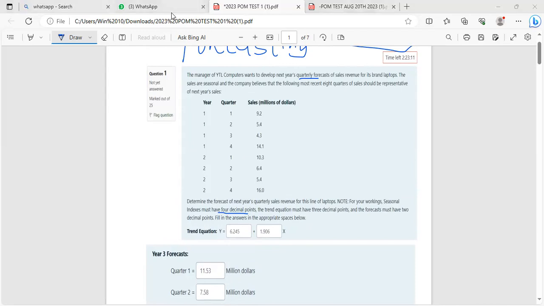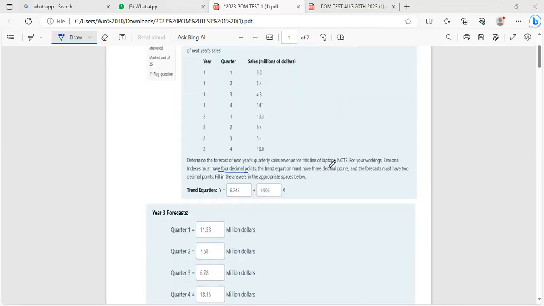So this is using the aspect of data deseasonalization. The way this question was done, we had year one and year two.